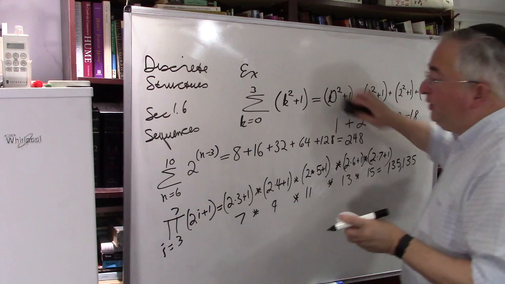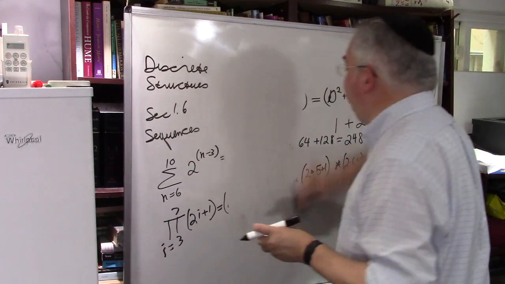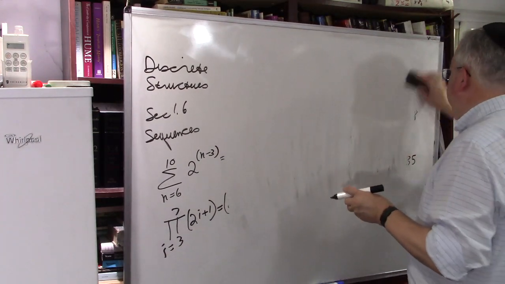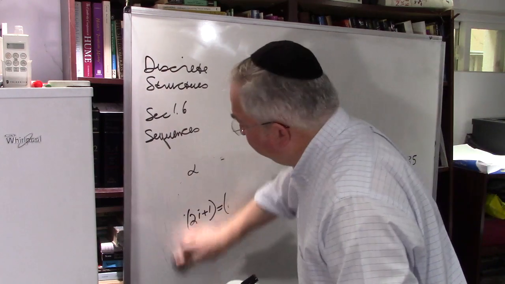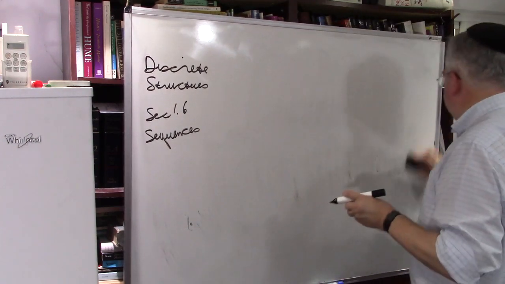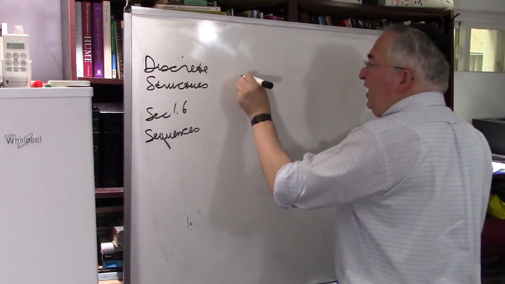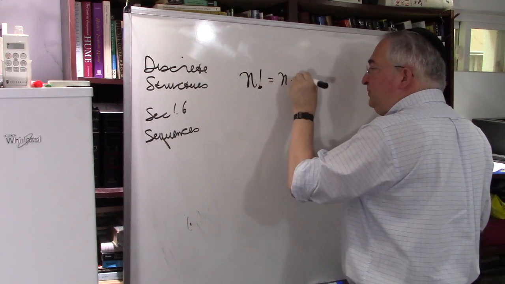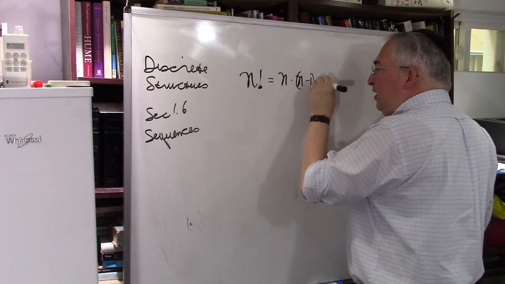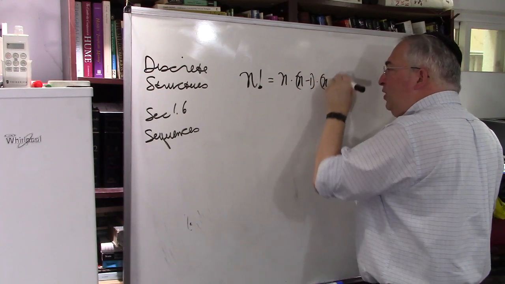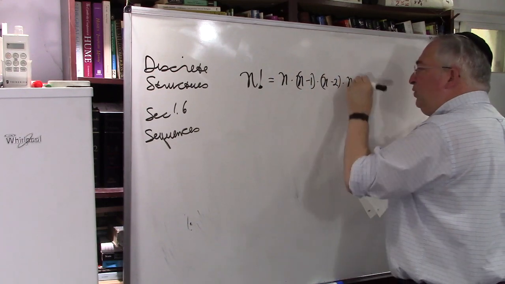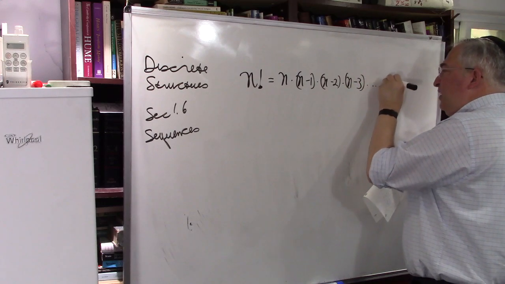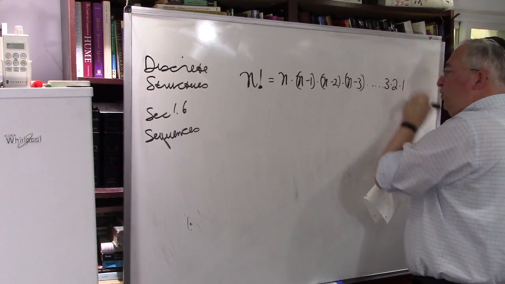Great. Just want to show you something that you've seen before, but I want to put it in this notation. You've seen factorials. Let's just remind you what it is. n factorial is equal to n times n minus 1 times n minus 2 times n minus 3 times dot dot dot times 3 times 2 times 1.